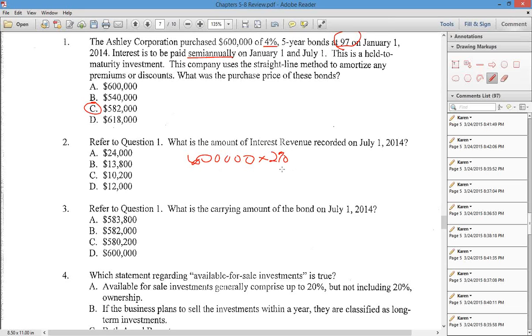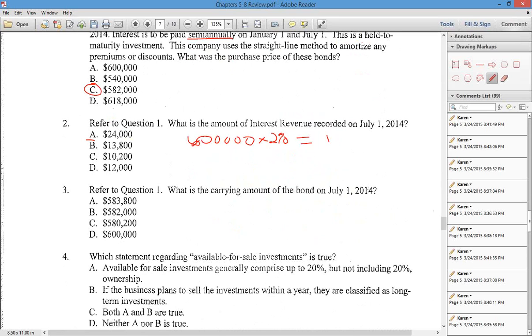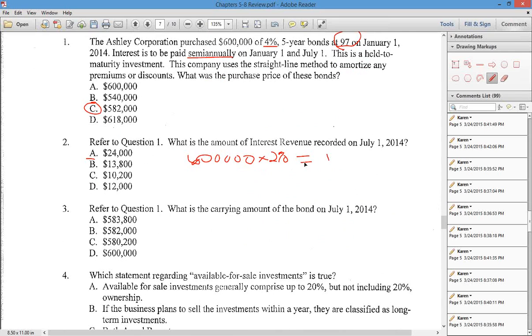So $600,000 times 2% is, oh, this is a trick question. It's not really a trick question, but can't see quiz 8. Can you see it now? This is quiz 8. So $600,000 times 2% would be $12,000.